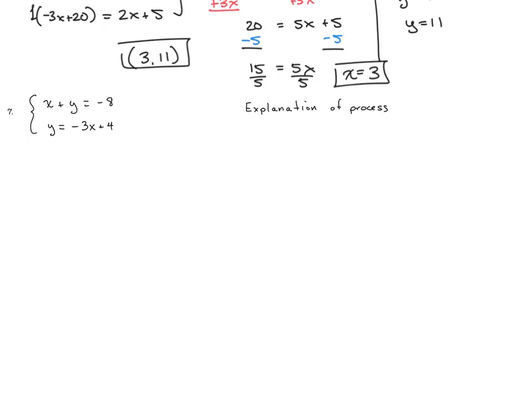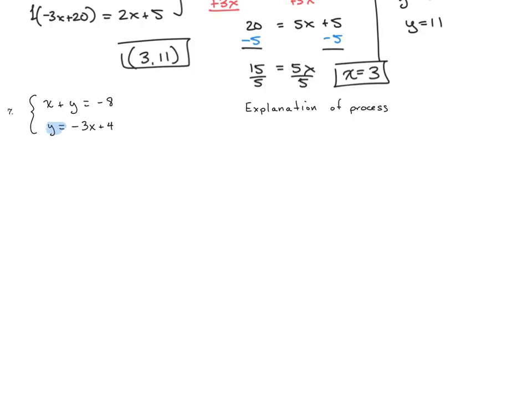All right, so on to the next problem here. What I'm going to do is, again, look for my equivalency statement. The first equation says x plus y equals -8. But the problem is that is not substitution worthy, because remember we're looking for that y equals or x equals. So I go to the second equation and it says y equals. So that is the magic.